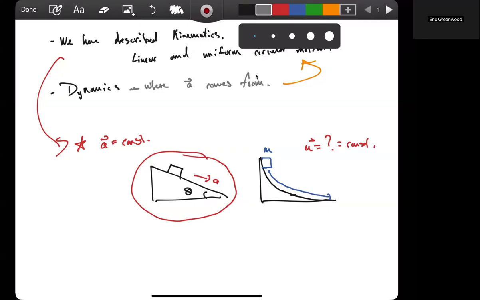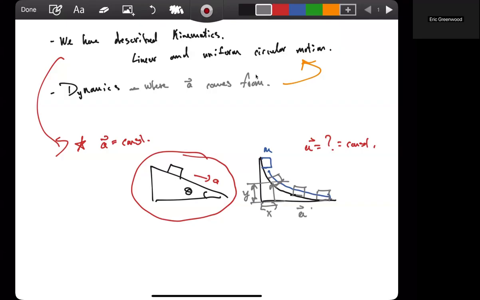It's not a constant curve all the way through. That means at any different position, this thing is going to have an acceleration which depends on the position, so it's going to depend on both the y position as well as the x position. Let me draw that: this would be the y and the x position, which means our acceleration is dependent on x and y.